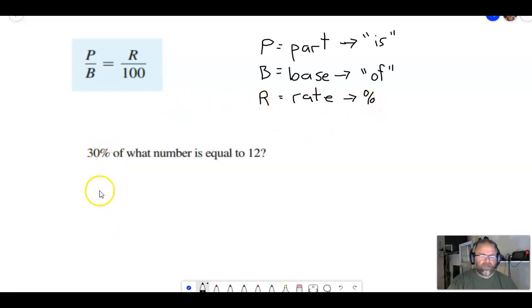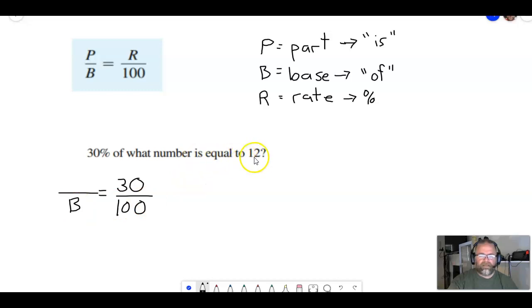We're going to replace the R with 30, so it'll be 30 over 100 on this side. And on this side it says of what number. So of corresponds to base, and this is what number, so we don't know what that is. So already I know that the base is the value that we are going to be solving for.